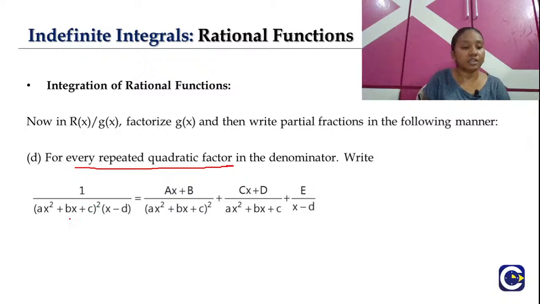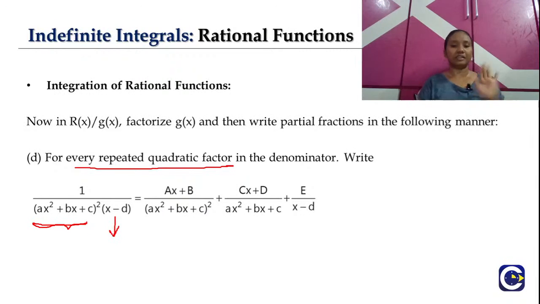It is 1 by (ax square plus bx plus c) whole square, which is a quadratic factor that is repeating, times a non-repeated linear factor.